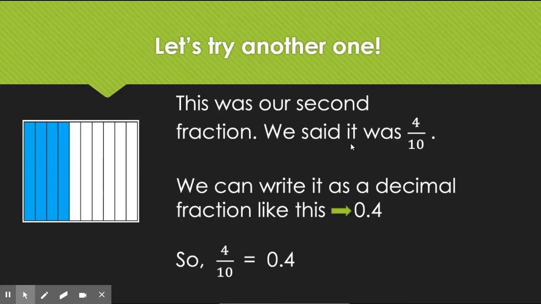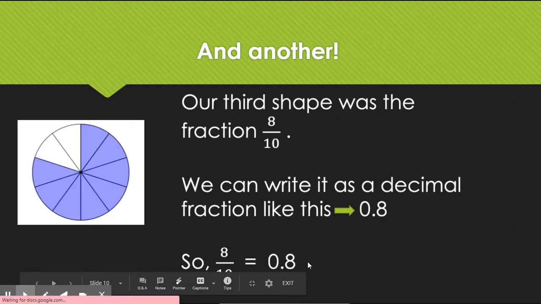This was our second one. We said that it was 4 tenths. So here's how you write it as a fraction. Here's how you would write that as a decimal. So notice the tenths place is right here, just to the right of the decimal point. 8 tenths would be written like this, 0.8.